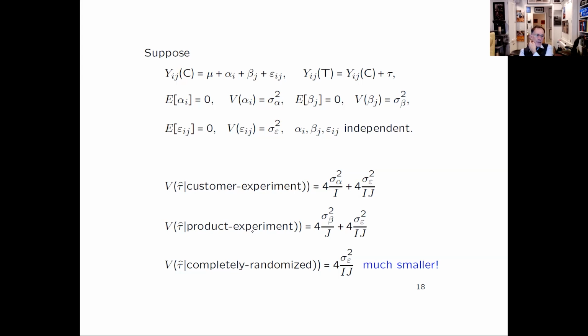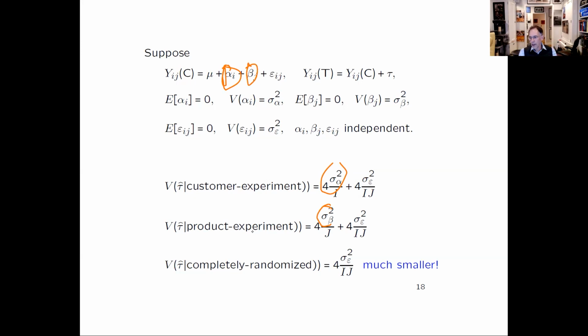If we do a customer experiment where we randomize the customers, and the same customer is always in the treatment group or always in the control group, there's a component to the variance of the difference in means estimator that depends on the variance of the customer fixed effect. If we do a product experiment, the leading component of the variance depends on the variance of this product fixed effect.